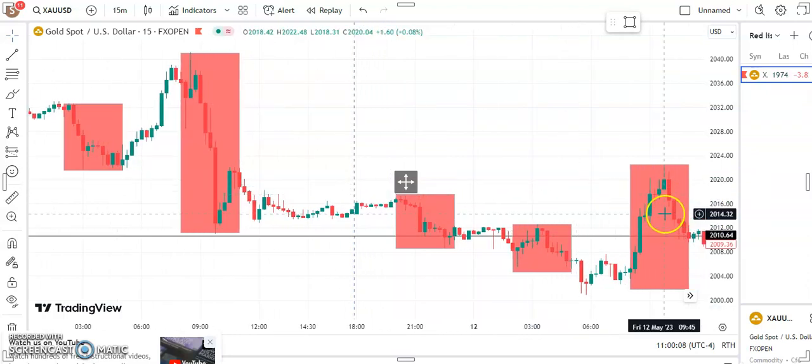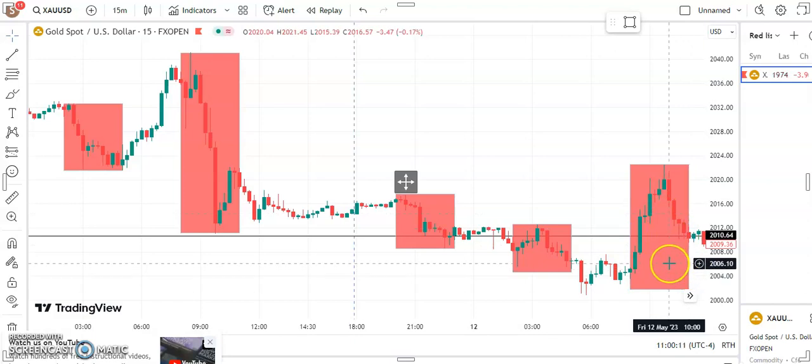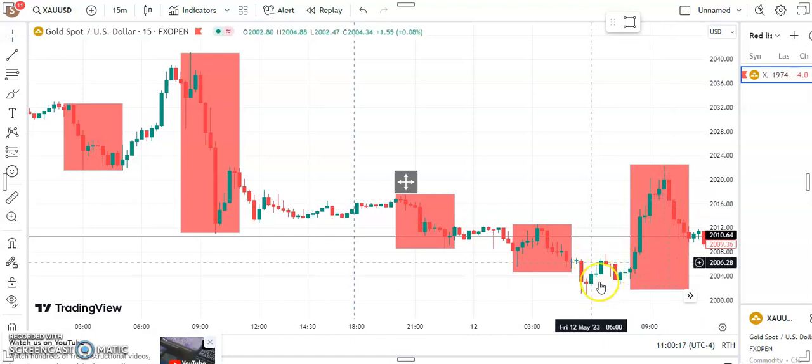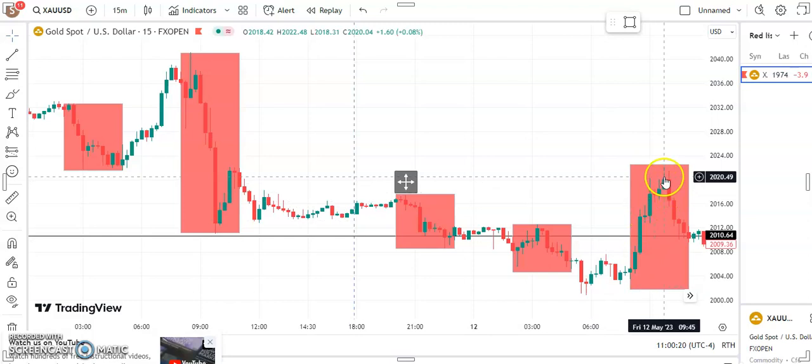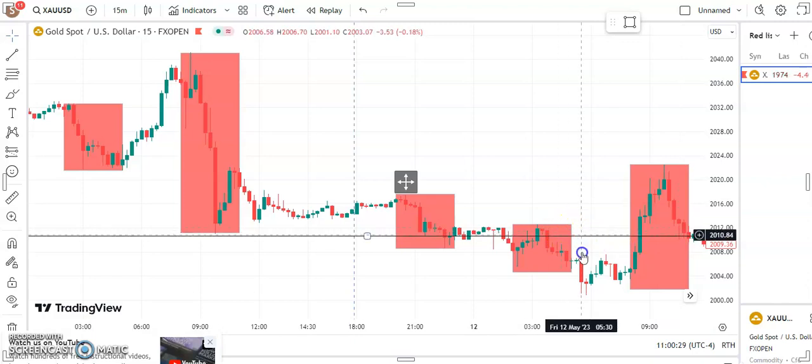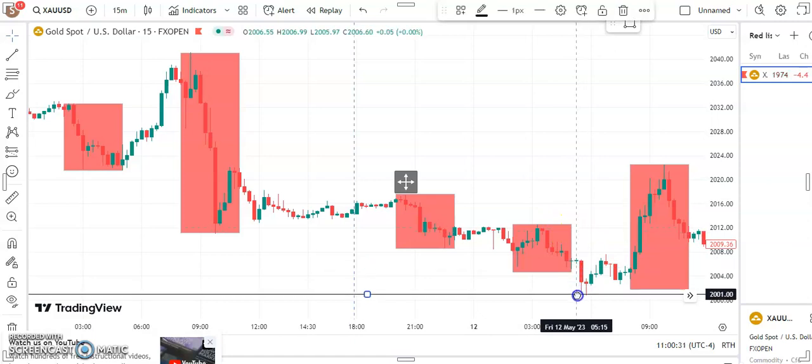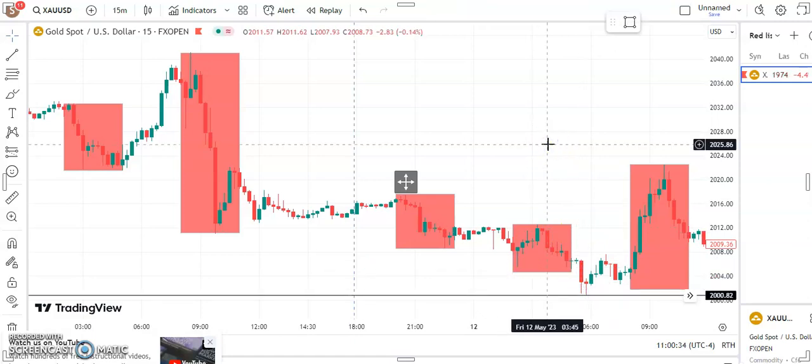And then if you want, you can enter after this 1 push, 2 push, 3 push to the high, and then you look for your sales. Now, one key thing that I keep in mind so that I don't get information overload, or to know whether it's a stop hunt or not: where are you? Are you at the low of the day or at the high of the day? And what is your goal?